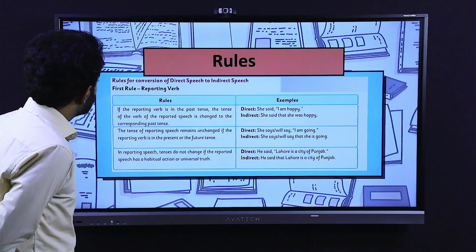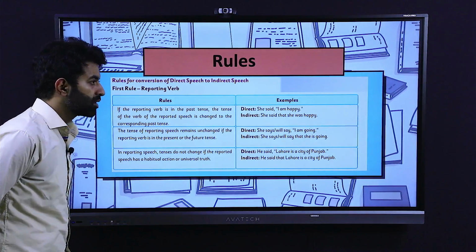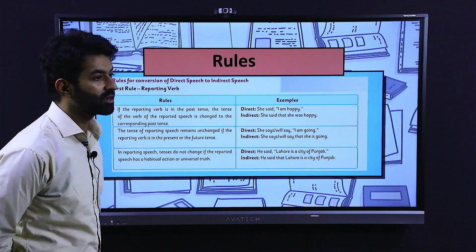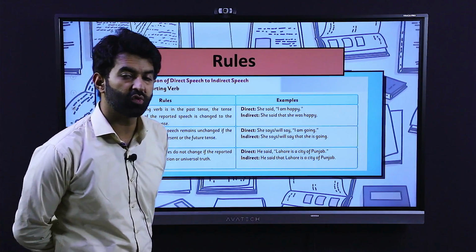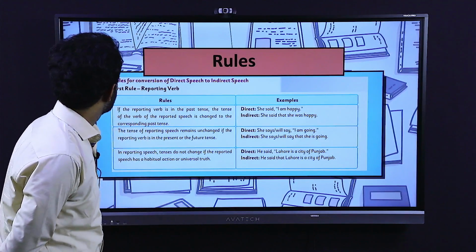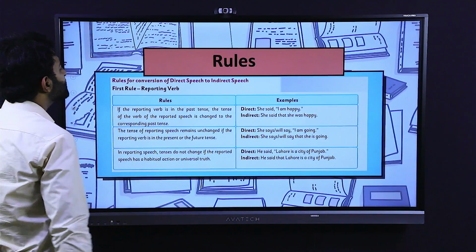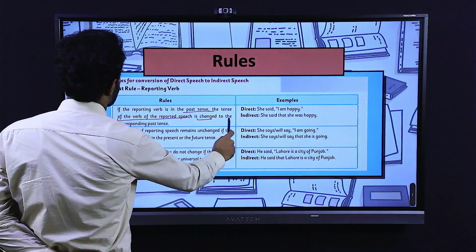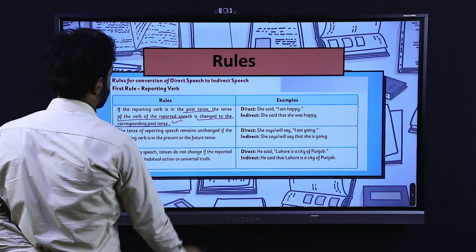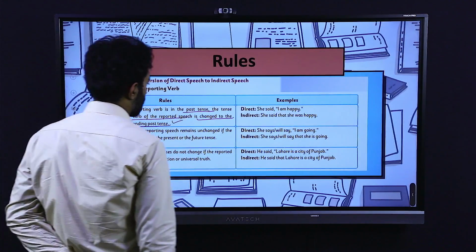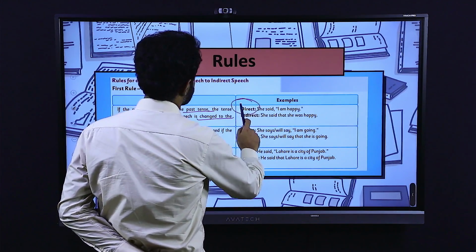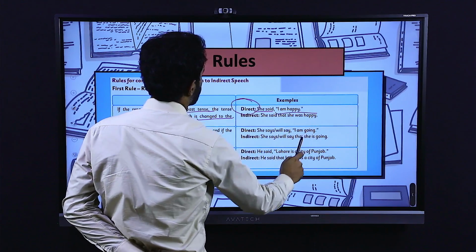Now, there are some rules for conversion, or conversion rules for direct speech into indirect speech. Let's learn each rule one by one. First, if the reporting verb is in the past tense, the tense of the verb of the reported speech is changed to the corresponding past tense. For example, if we have a direct sentence, she said, I'm happy.